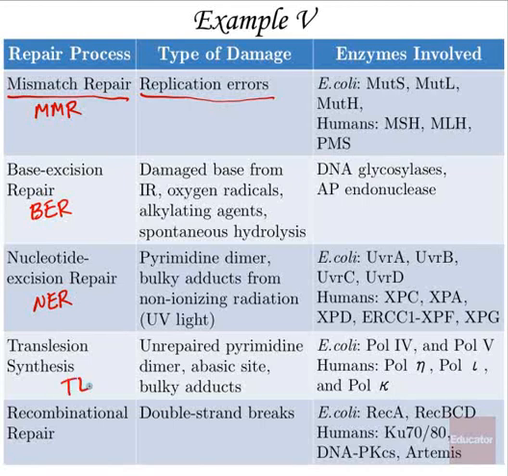Translesion synthesis, TLS. We do this when we come across an unrepaired pyrimidine dimer, when we come across a site that doesn't have a base, or if we have a bunch of bulky adducts that have gone through one of these MMR, BER, NER processes and haven't been fixed properly.